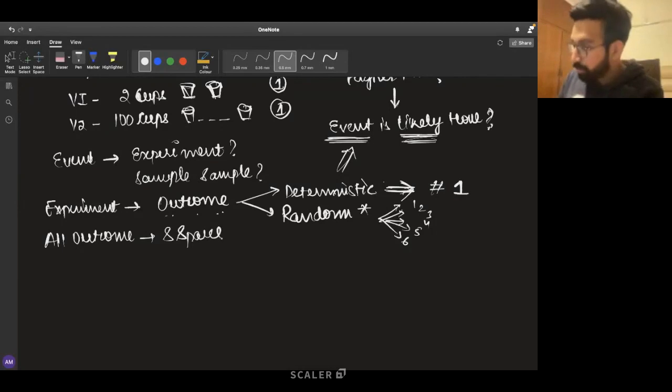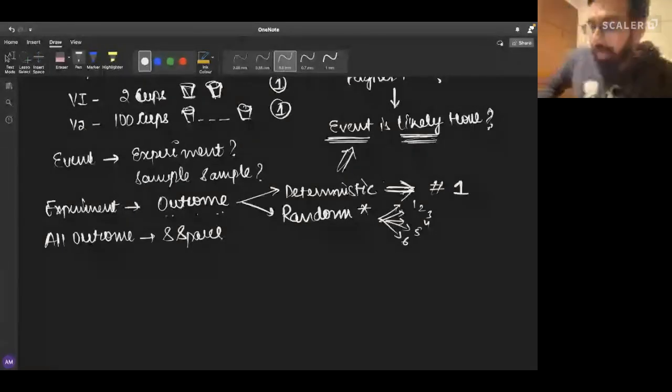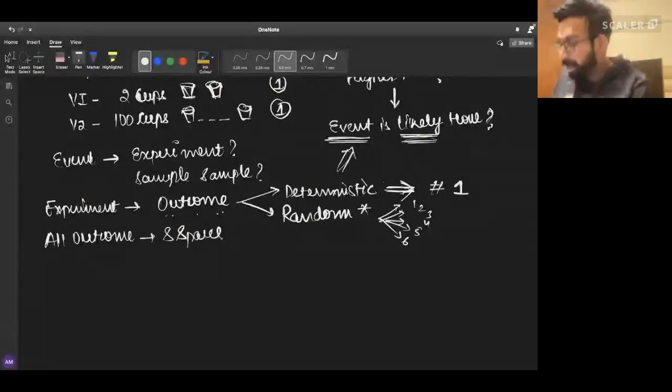We'll talk about deterministic things later on. It can be as simple as, if you switch on a button, the light will turn on, and it's deterministic. We know. What is random? Maybe Schrodinger's cat is random.